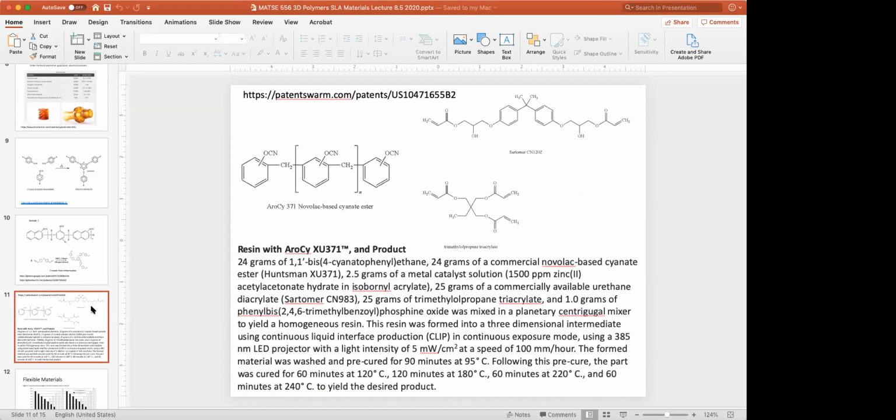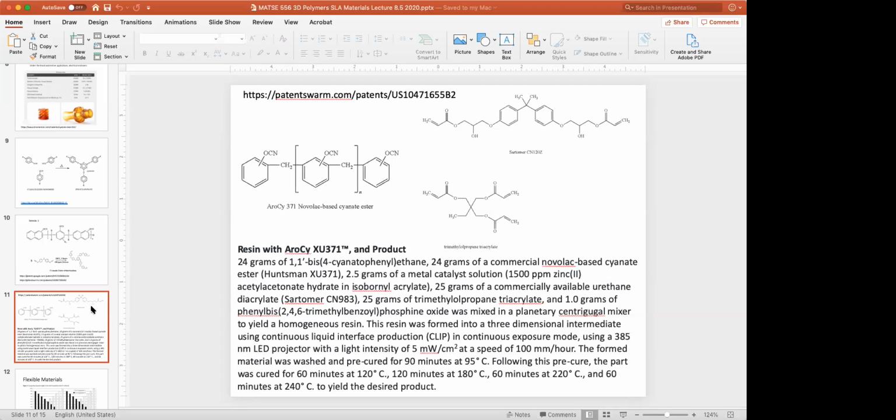And so you can look up this patent. What they use is, again, this AeroSci 371, which is a cyanate ester, and it's just based on a Novolac backbone. You don't have to worry about that, but it has those same OCN groups attached to the backbone. And then they mix it with different acrylates.